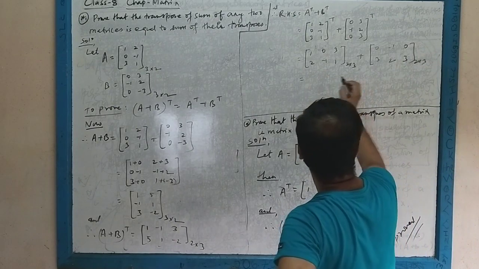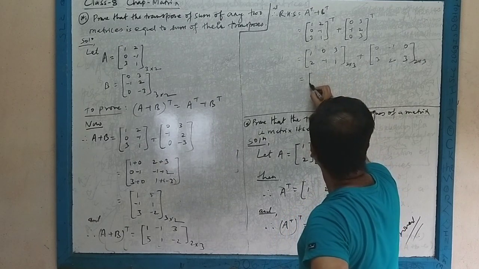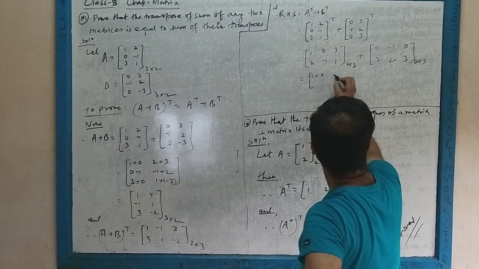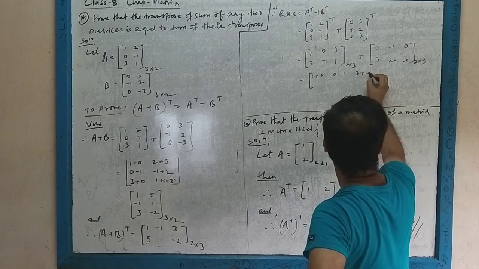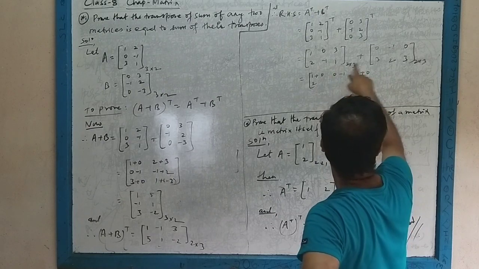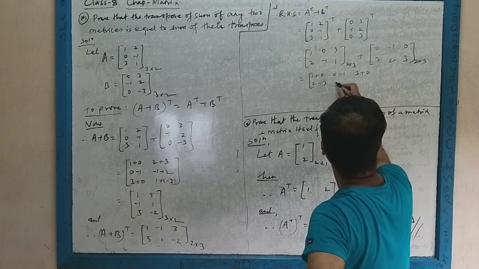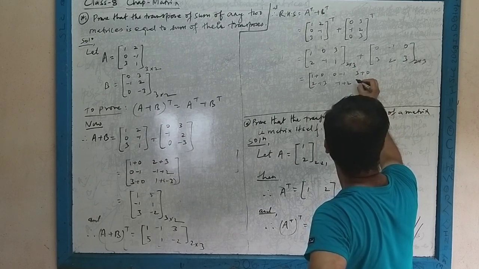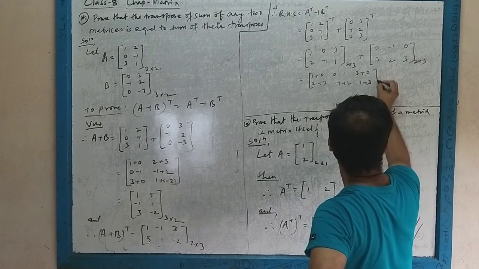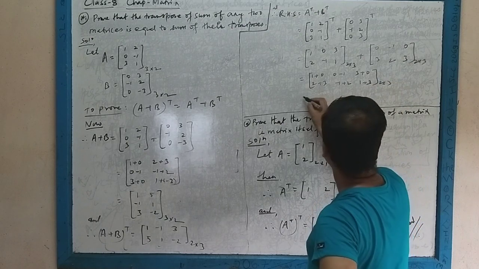Let us add now. 1 plus 0, 0 minus 1, and 3 plus 0. 2 plus 3, minus 1 plus 2, and 1 plus 3. 2 rows, 3 columns. Right.